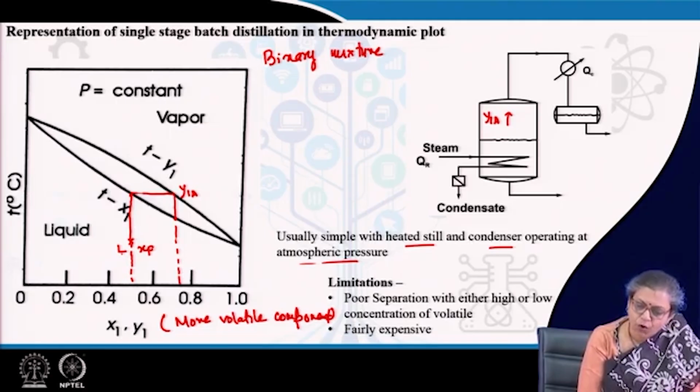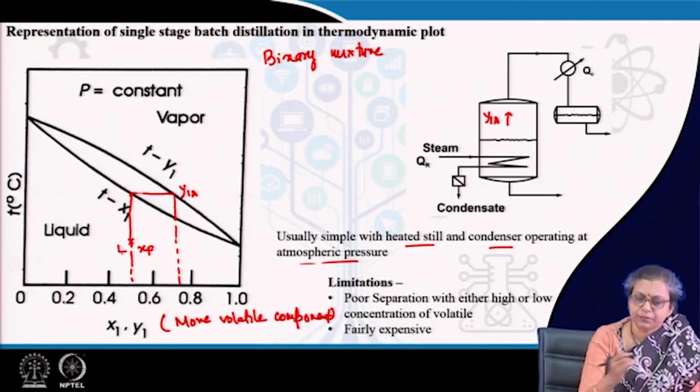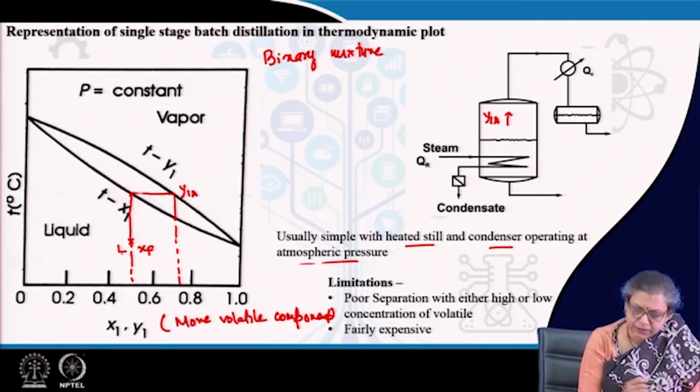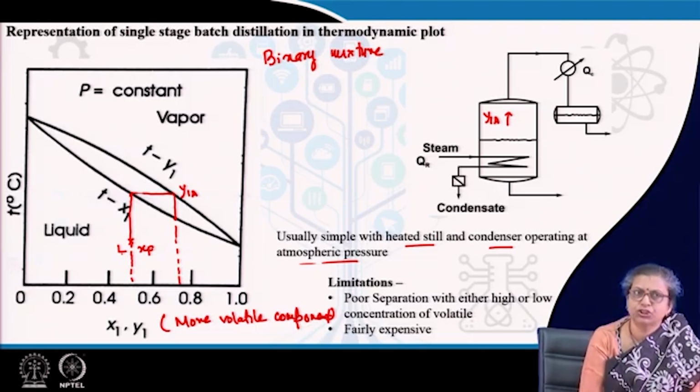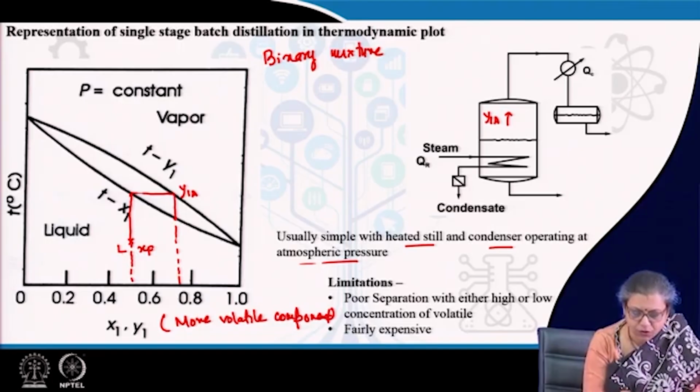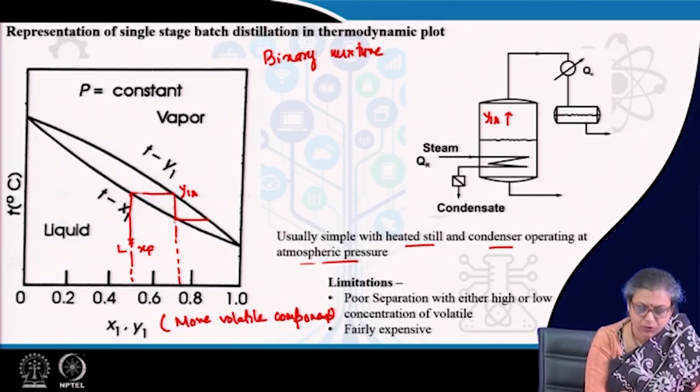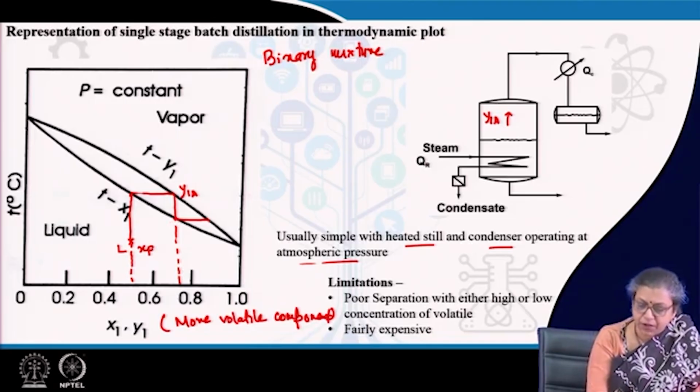So if we want to enhance the distillate composition, or if you want to make the distillate richer in the desired component or the more volatile component, what can we do? The distillate that we have got, we can redistill it, and the moment we repeat the process, what do we get? Again from this liquid we get a vapor which is richer in the more volatile component, and it is in equilibrium with this.